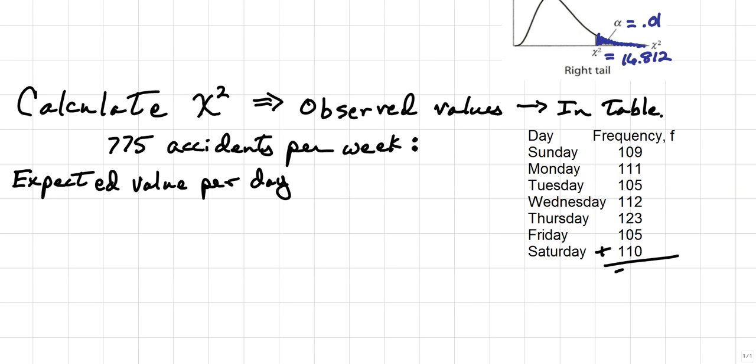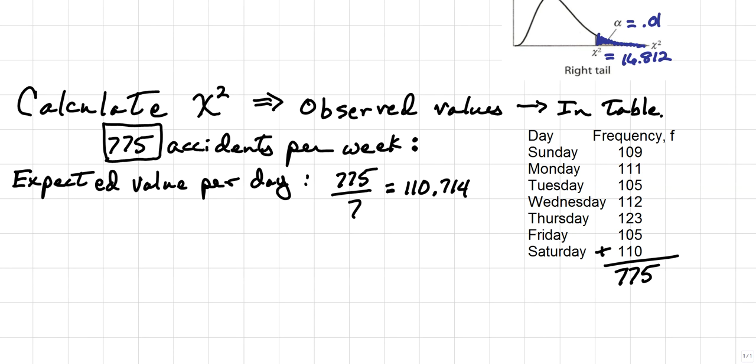When you add these up, you should get the same number as in the original problem, 775 accidents per week. So we take 775, divide that by 7, and the answer is 110.714. We'll carry it out to 3 decimal places.